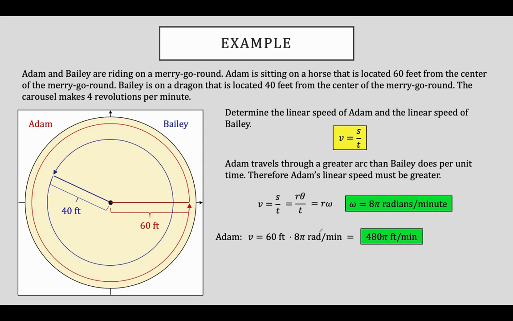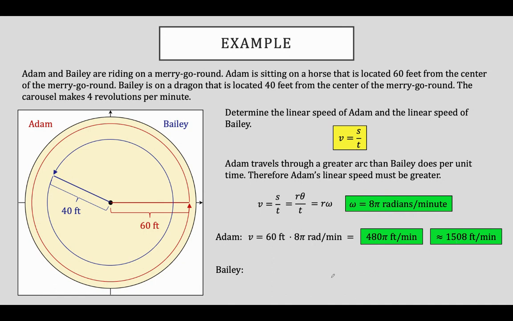If you're wondering where the radians goes, there are actually no units associated with radians. Remember that radians is a ratio, and the units of that ratio cancel out. So no units associated with radian is strictly a numerical value. All right, and then again, if you plug 480 pi into your calculator, you get approximately 1,508.